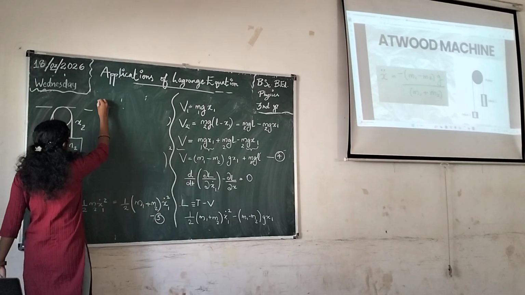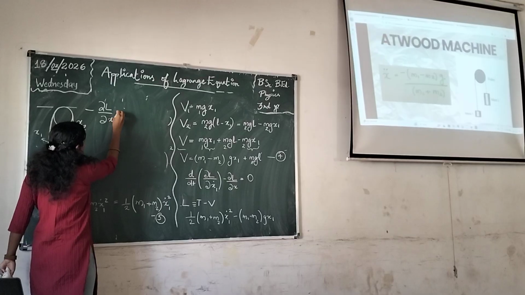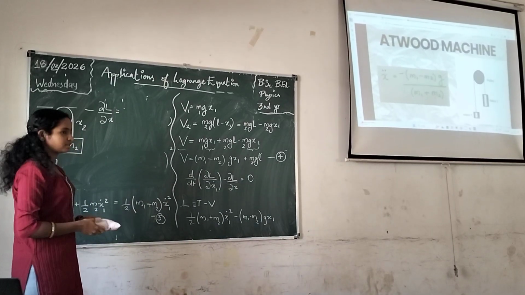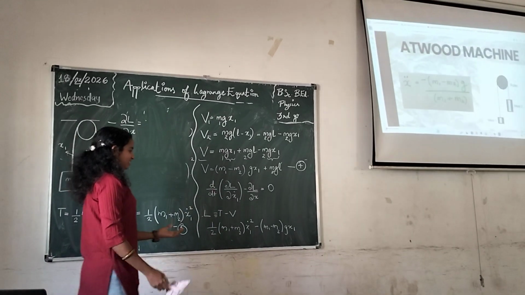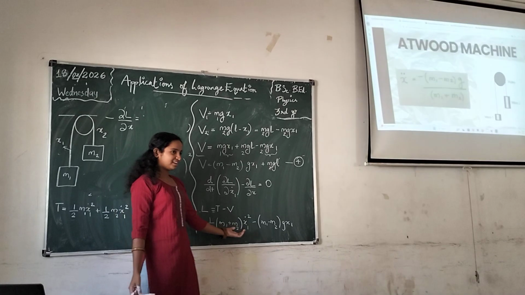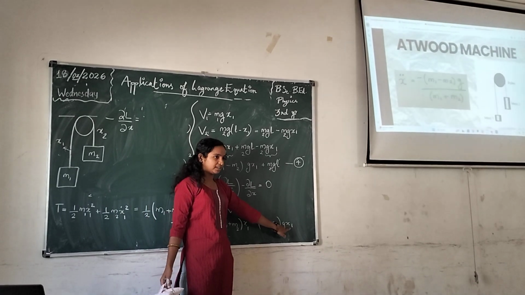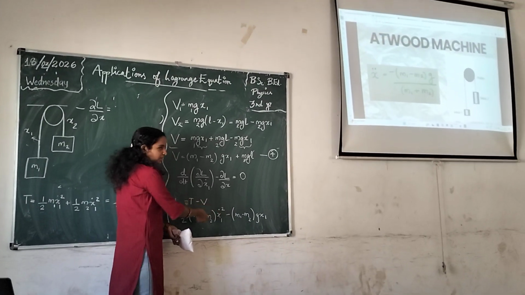So first we are finding dou L by dou x. What will be dou L by dou x? Can someone help me, Deepika? From this, here we have a term for x1, right? So here it is x1 dot, so we don't need to look for that.